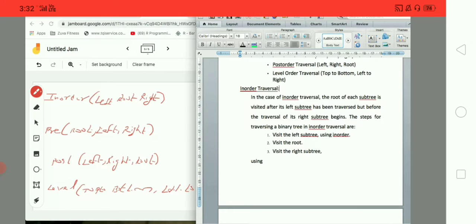The steps for traversing a binary tree in in-order traversal are visiting the left subtree using in-order. After that, it visits the root. After that, it visits the right subtree. So in this way, it traverses from one node to another node. If we have child nodes also for these particular nodes, it works like this only.